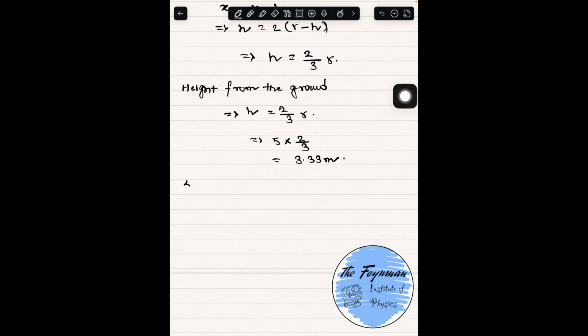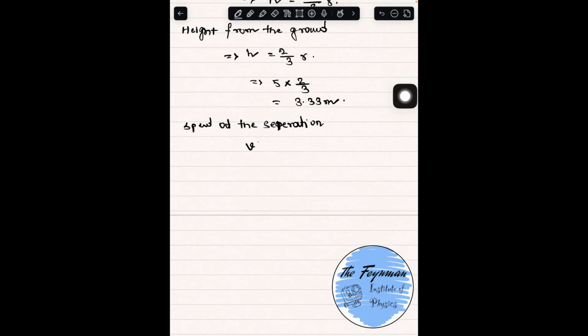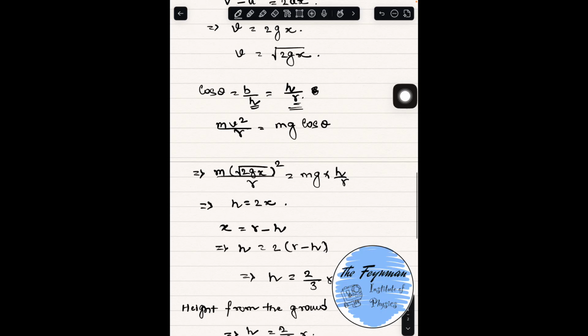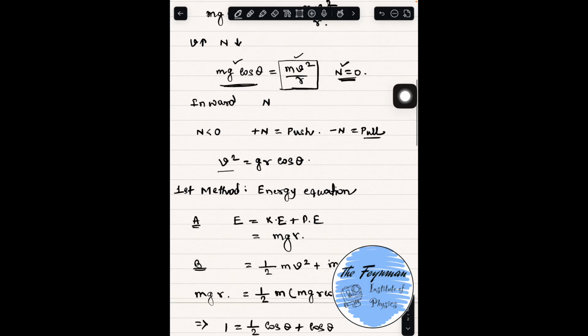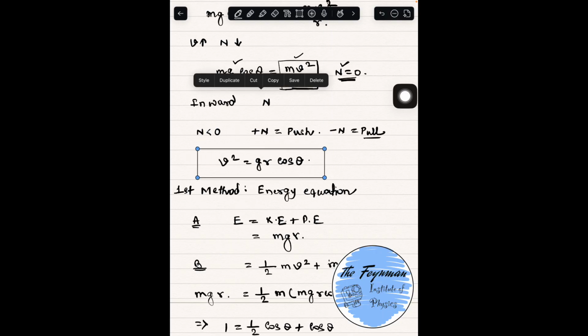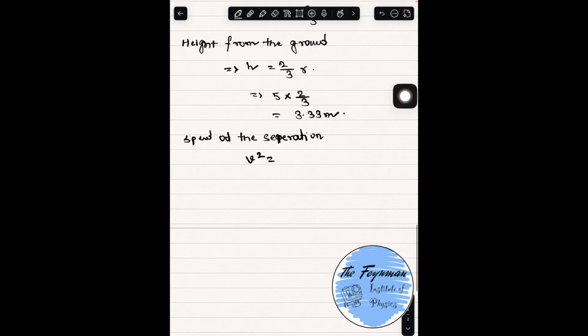And the speed at the separation will be v square is equal to g r cos theta.